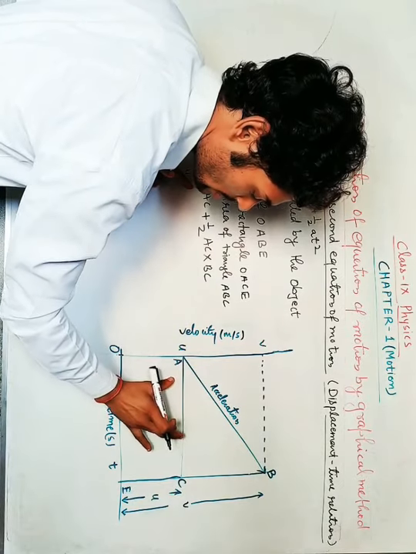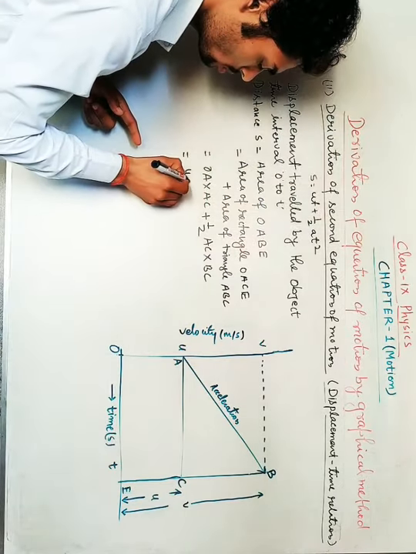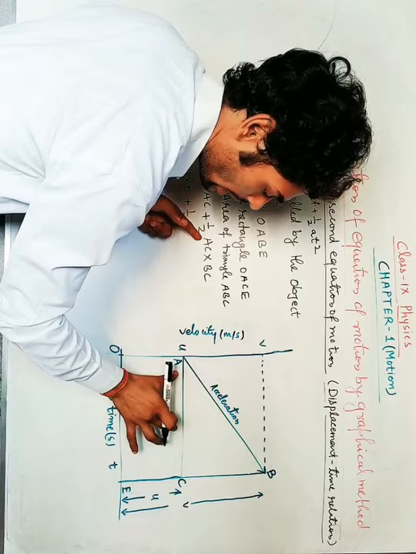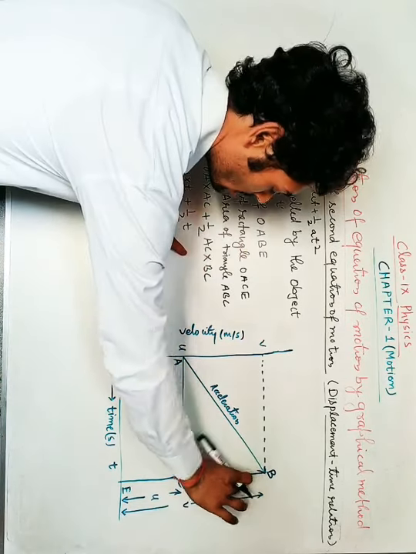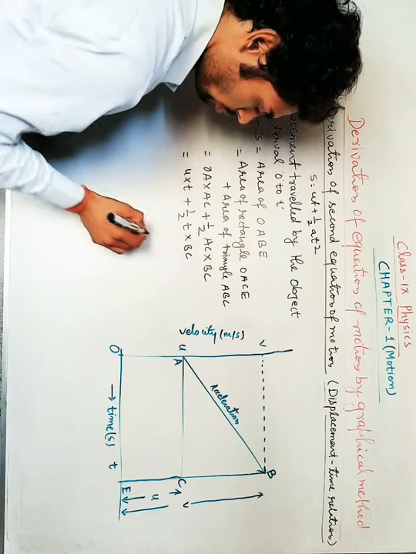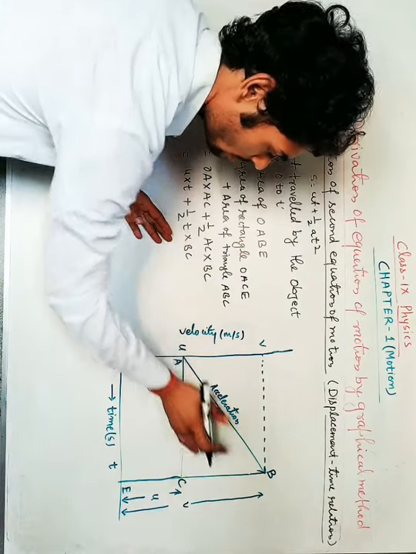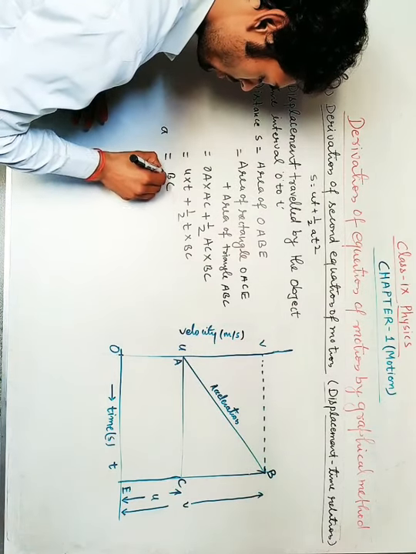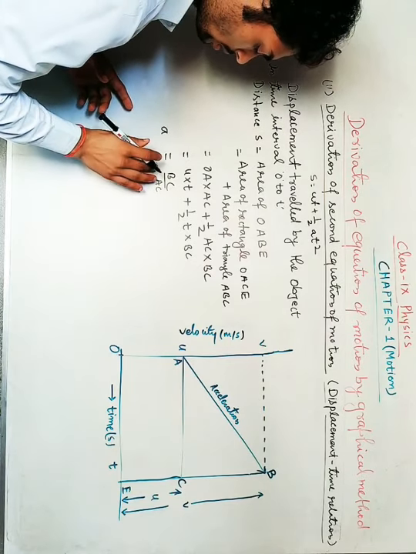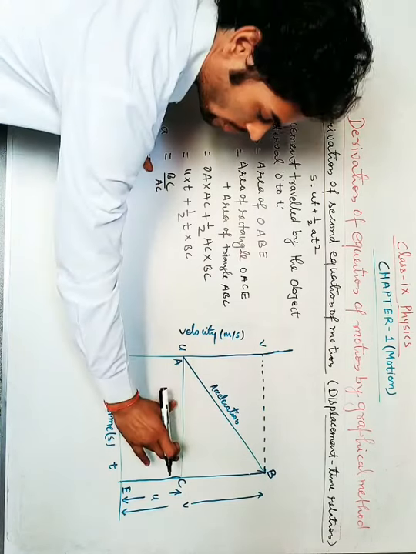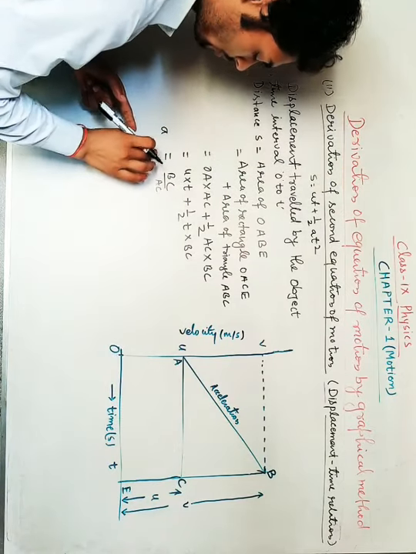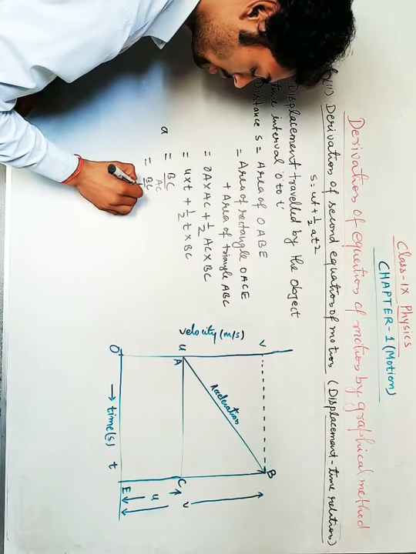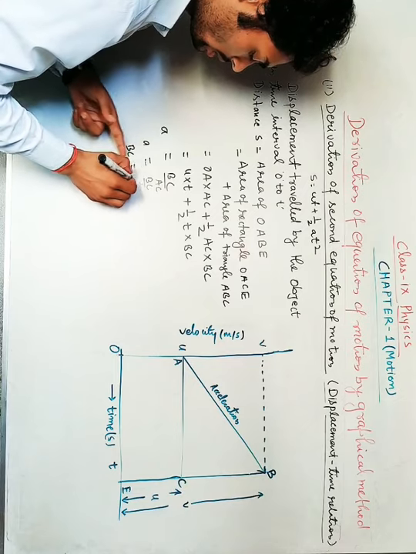And what is the value of AC? AC equal OE equal time t. So u into t plus 1/2 into AC, which is time t, into BC. We have to find the value of BC. Acceleration a equal BC upon AC, and AC equal time t, so BC upon t equal a, then BC equal at.